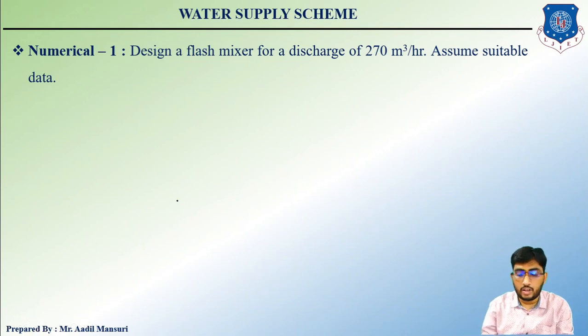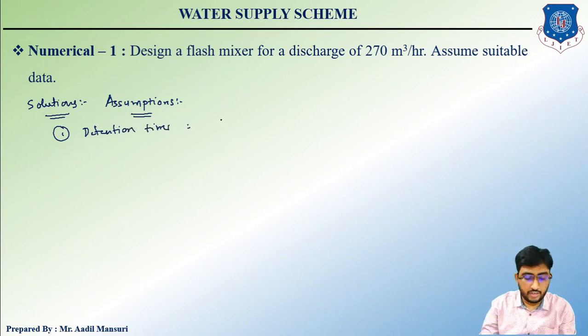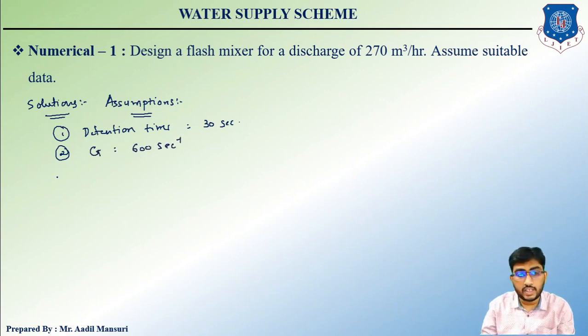Now we are not given anything, so let's start with the assumptions. First assumption, detention time. How much shall we take? 30 seconds. Then second one, velocity gradient, that is G. How much? 600 per second.